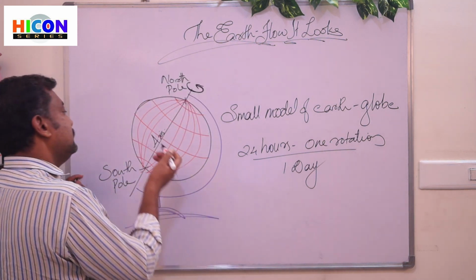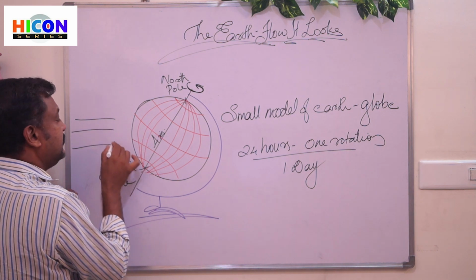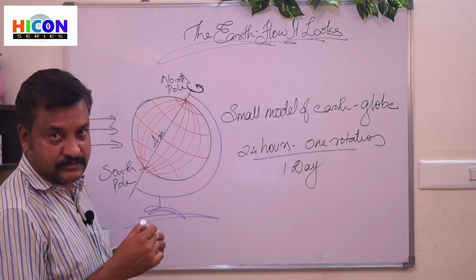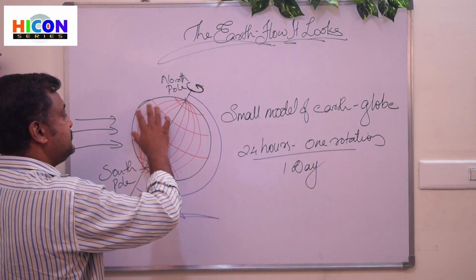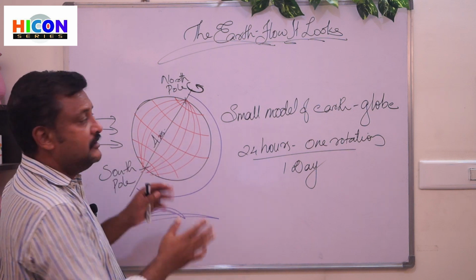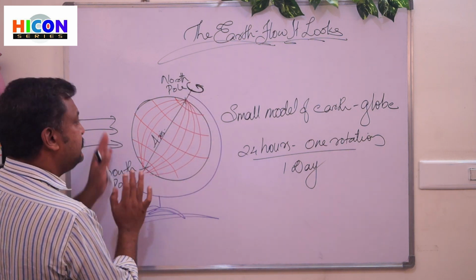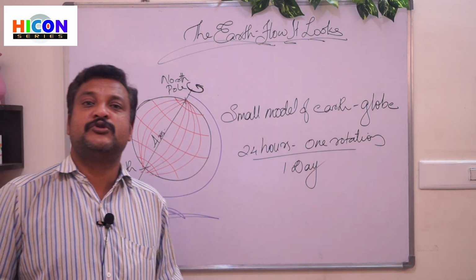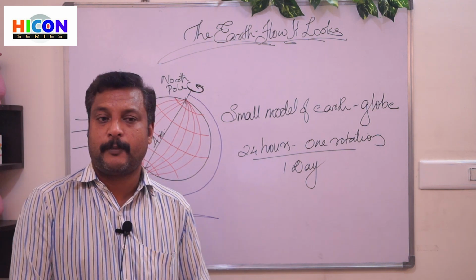During this time, the earth receives light from the sun, and as it moves, this region will be day, and as it rotates, what happens? The other region which is behind this also will come in front, and then that region also will have a day.